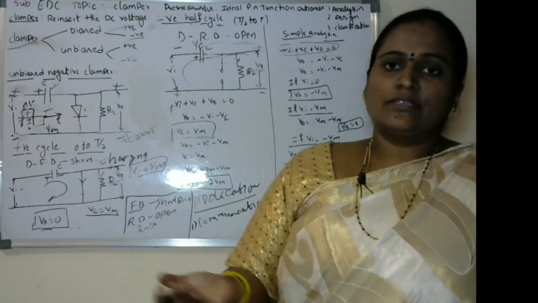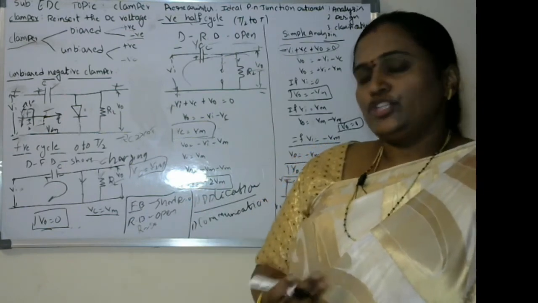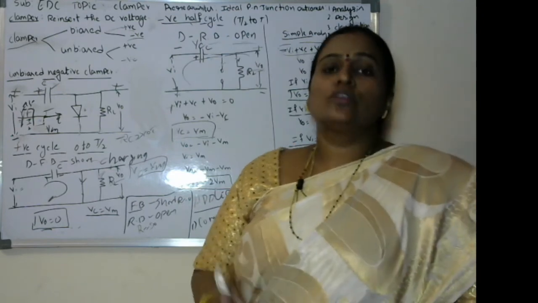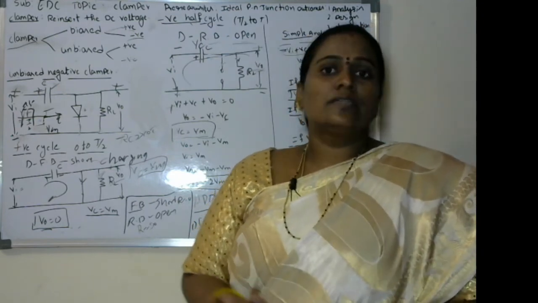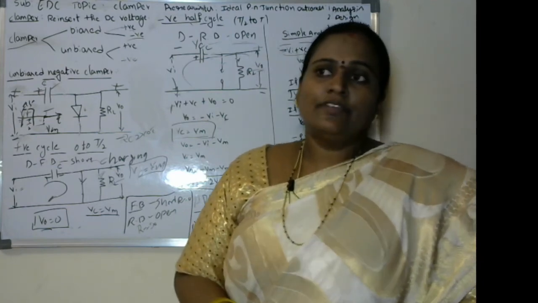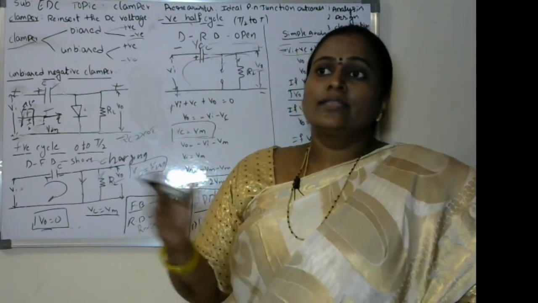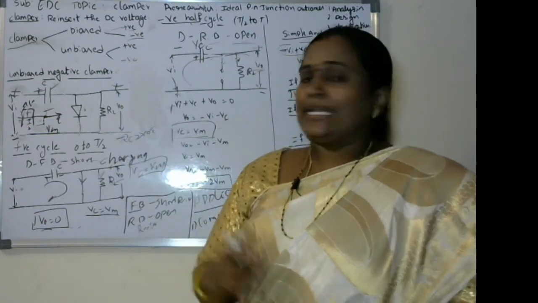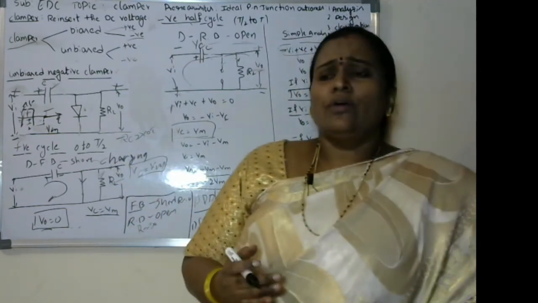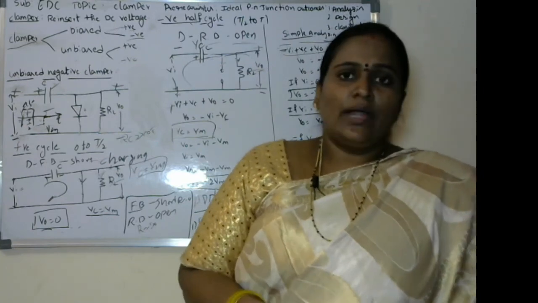When you are transmitting the signal, the strength of the signal is going to be reduced. When the strength of the signal is reduced, in order to boost that weakened signal, we use an amplifier. When you use the amplifier, only the level of the AC signal is going to be boosted up. It is going to avoid the DC voltages. So at that time the DC voltage is avoided.